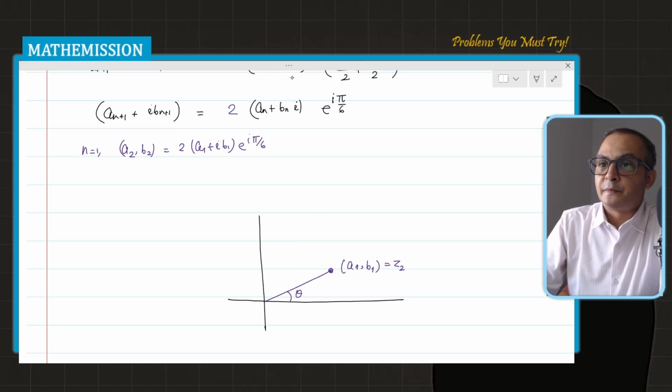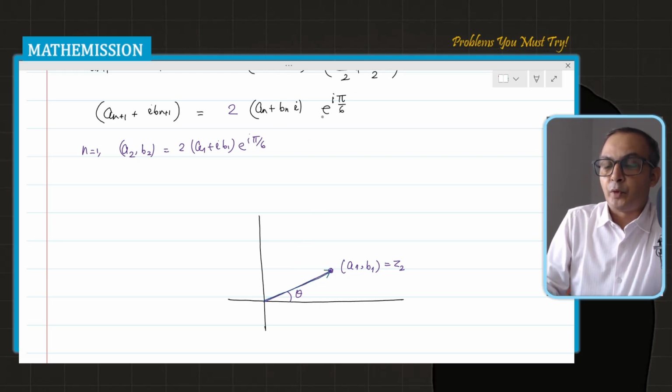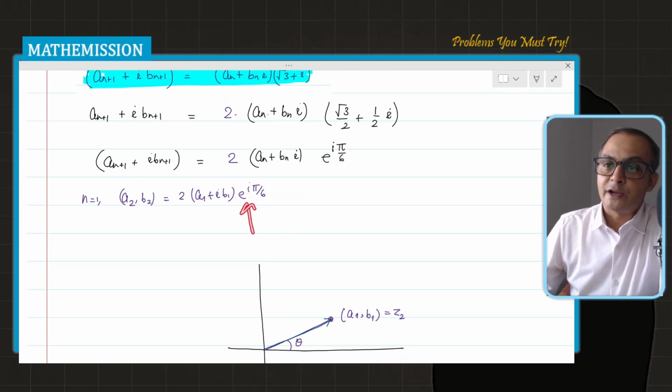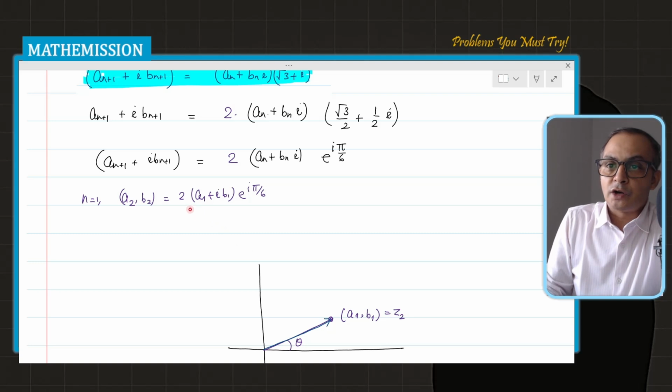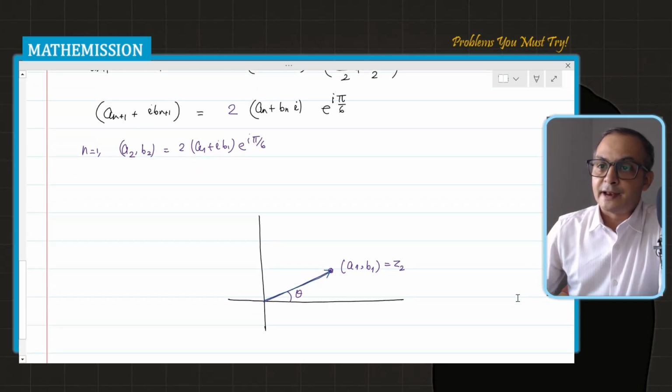I have this vector here, and when I multiply this to that, it will rotate pi by 6 units anti-clockwise, and also scale up 2 units. It means if you have to find the position of a2, b2, it will be like this.